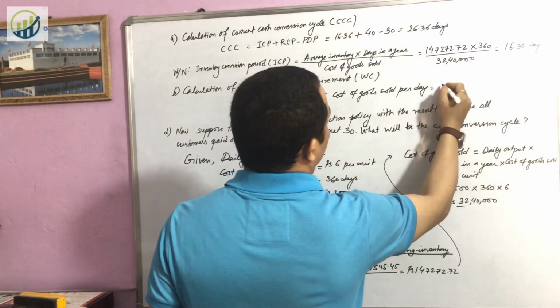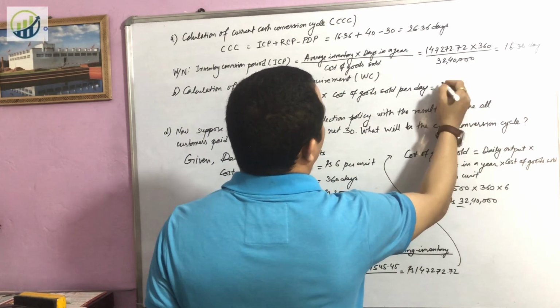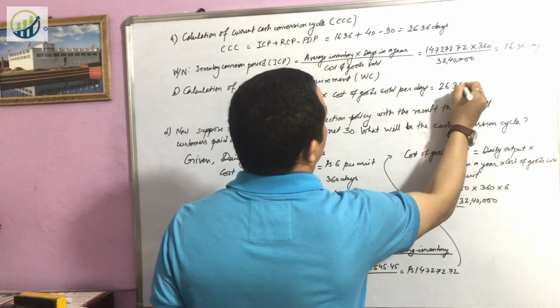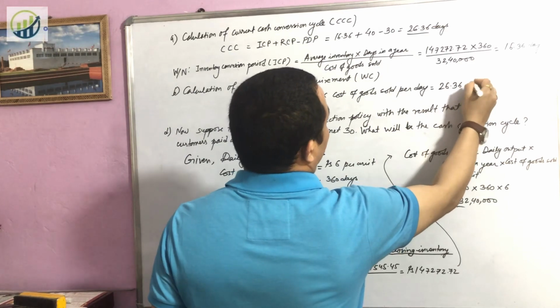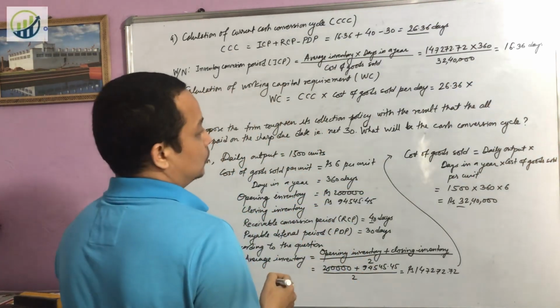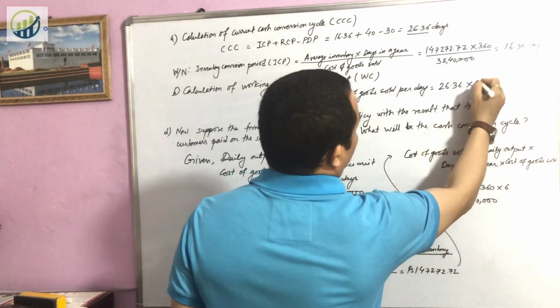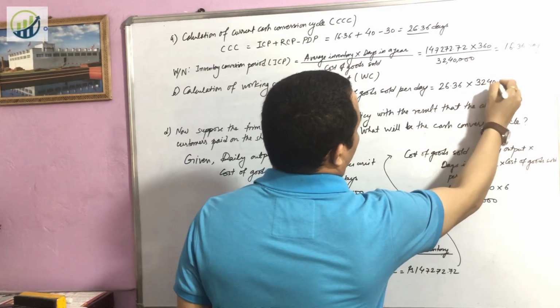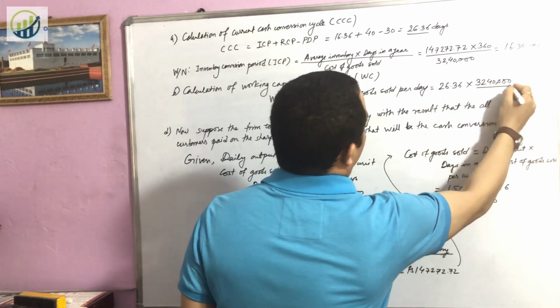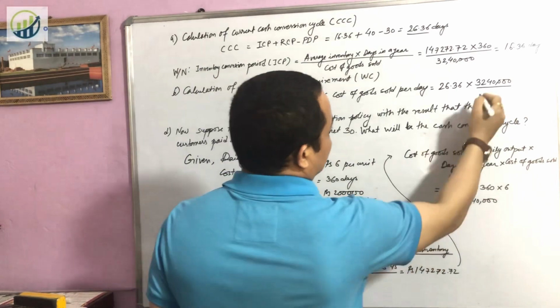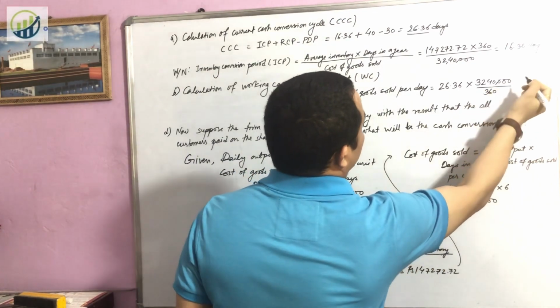Okay, so here your cash conversion cycle is 26.36 into cost of goods sold 32,40,000, which is divided by number of days, that is 360.